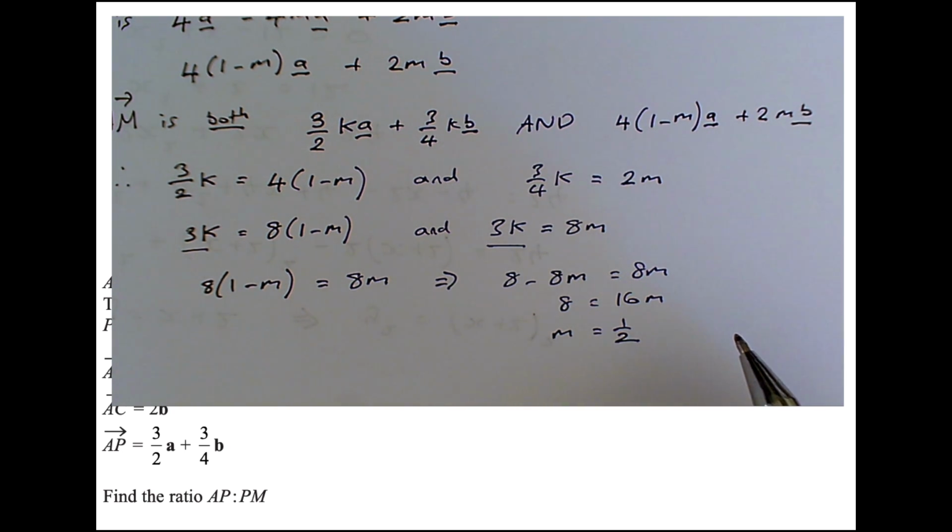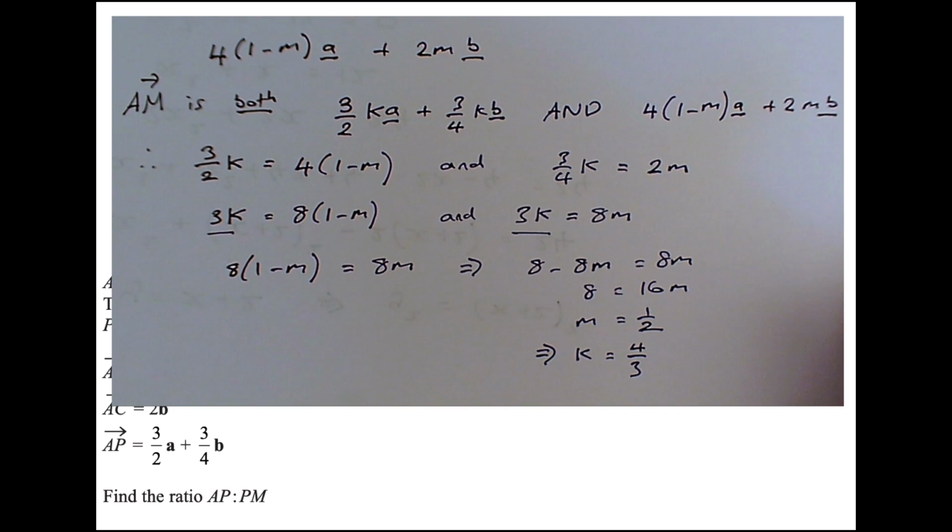And I can use my 3/4 k equals 2m. 2 times a half is 1. That means that 3/4 of the k equals 1, so the k has to equal 4/3, doesn't it? So I've managed to find the values of m and k. So now I can describe the journey A to M exactly. Alright, so let's do that.